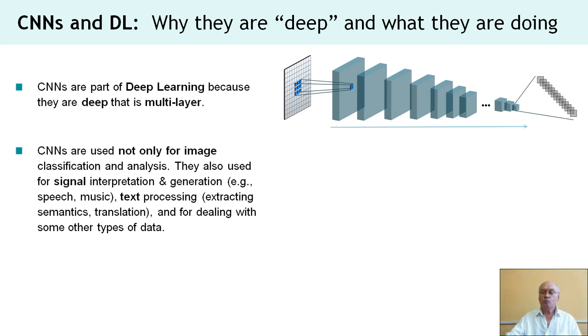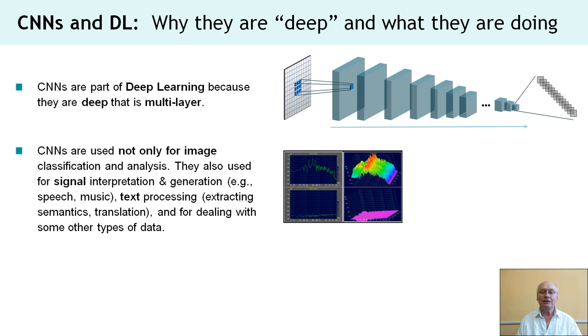The second point we have to remember is that deep learning and convolutional neural networks, CNNs, are not necessarily applied only to images. This approach can also be applied to any kind of signal, for instance speech, music, which is sound, all those spectra corresponding to sounds.